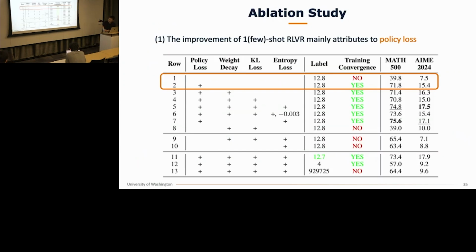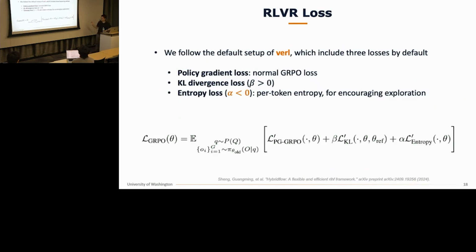In the end, I would like to talk about the different terms in the loss and how they affect the final outcome. Remember, we have three terms, let me remind you a bit. The policy gradient loss, which depends on the feedback. The KL divergence loss, which depends on the pre-trained model and the current iteration theta.